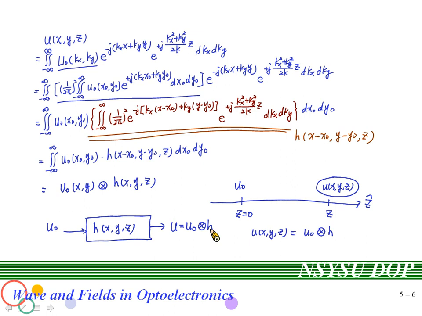Okay, this is a very important result in this chapter. If you want to know the diffraction field at any point of z, you can just perform the convolution of the initial amplitude with the h function.